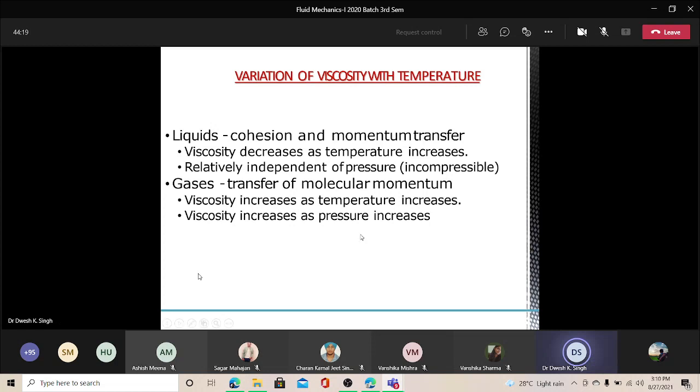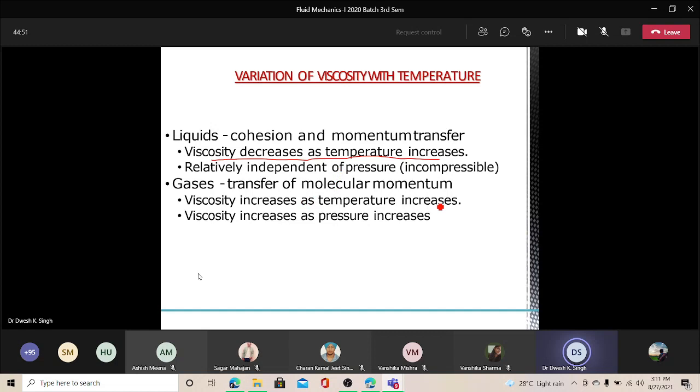Okay, so now we know that viscosity varies with temperature. In a liquid, cohesion and momentum transfer matter. In the case of liquid, viscosity decreases as the temperature increases, and it is relatively independent of pressure, because the liquid is somewhat incompressible in nature.